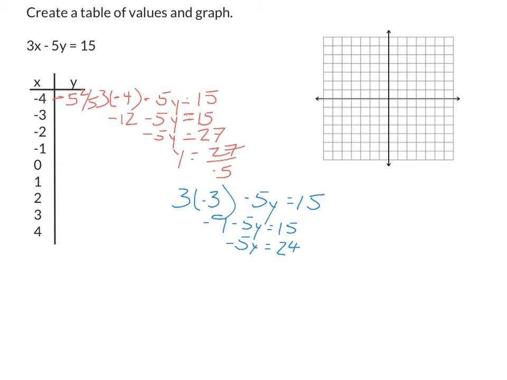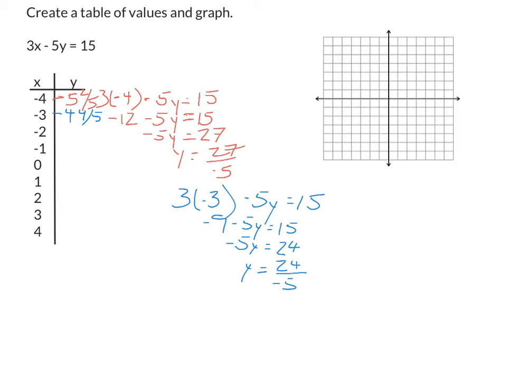And so when we divide by -5, 24 over -5, 5 goes into 24 4 times with 4 left over, so -3 got me -4 and 4/5.